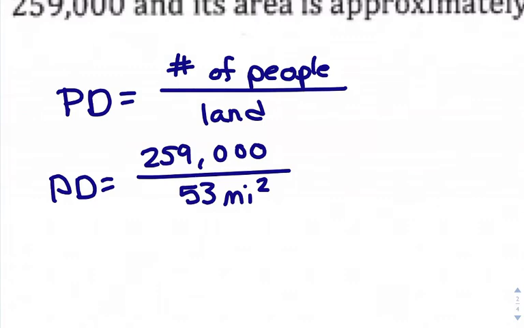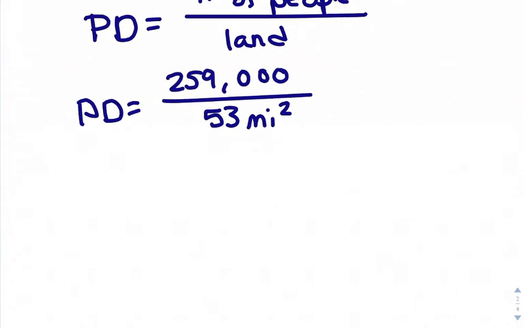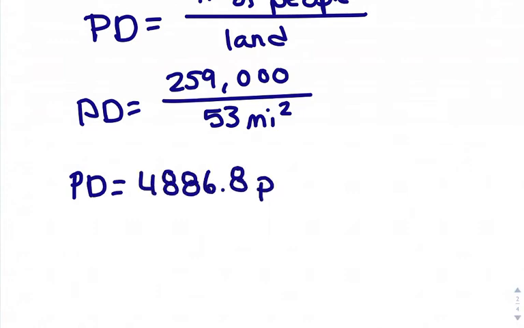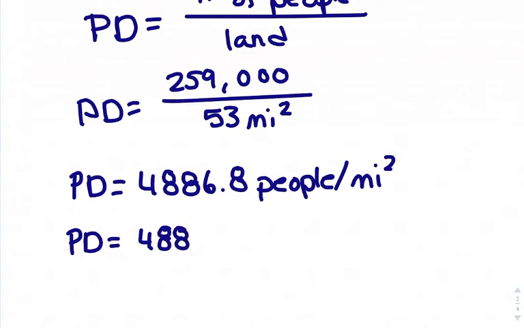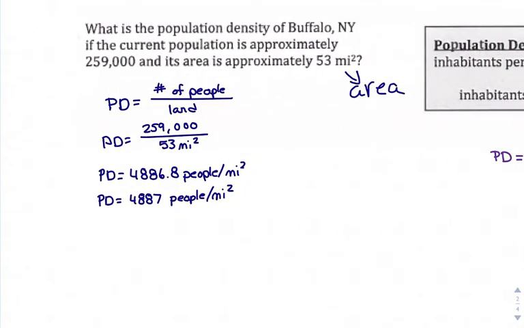In your calculator you can type that in, and my answer would be 4,886.8 people per mile squared. Now you can't have 0.8 of a person, so let's round that up to 4,887 people per mile squared. So it's exactly like density, except now we're just talking about people and areas.